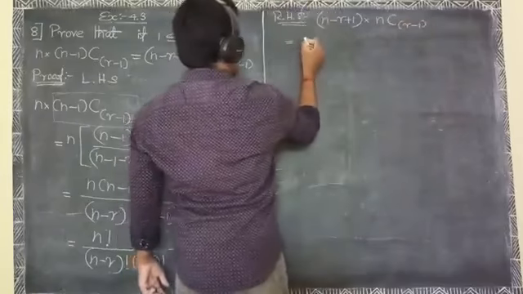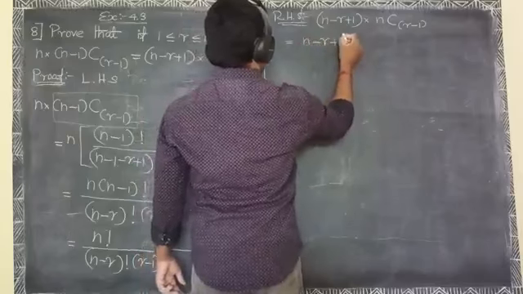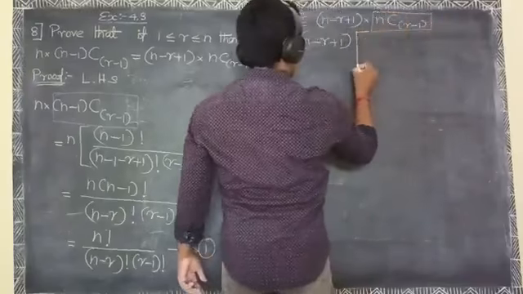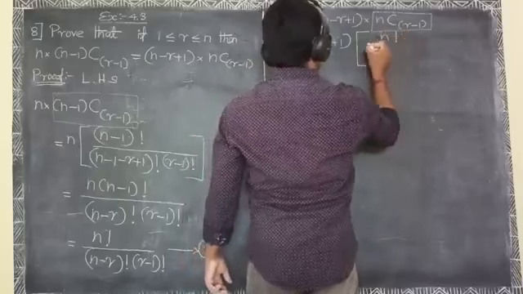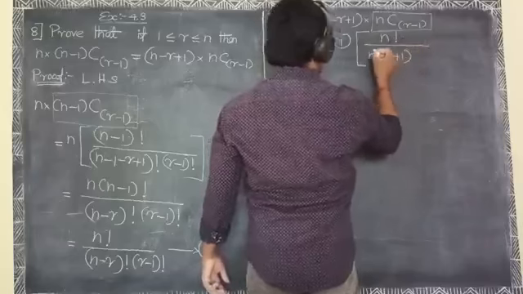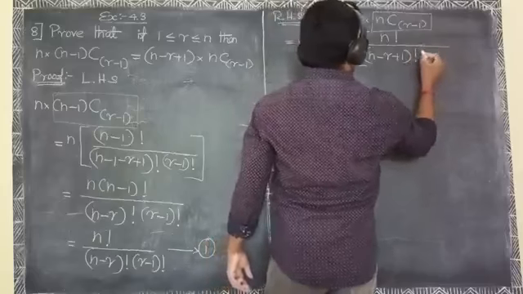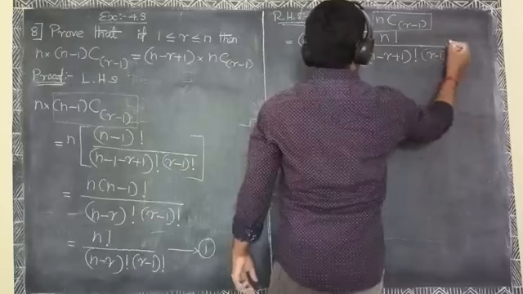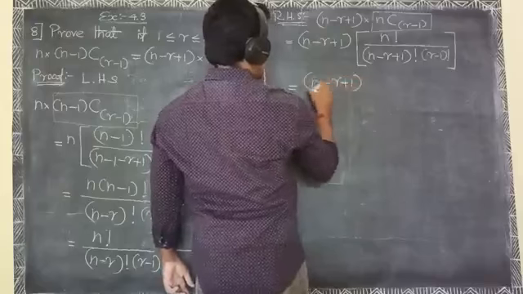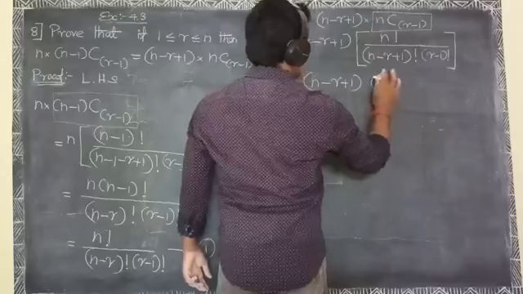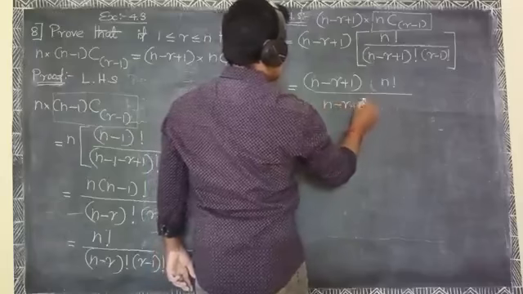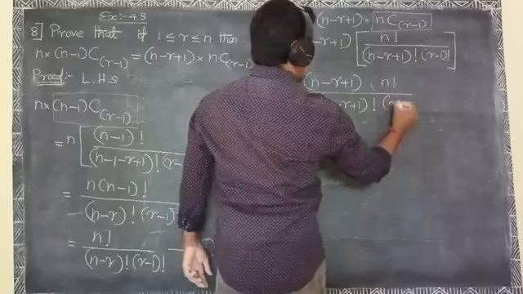Using the formula of nCr, it can be written as n! divided by (n minus r plus 1)! into (r minus 1)!.